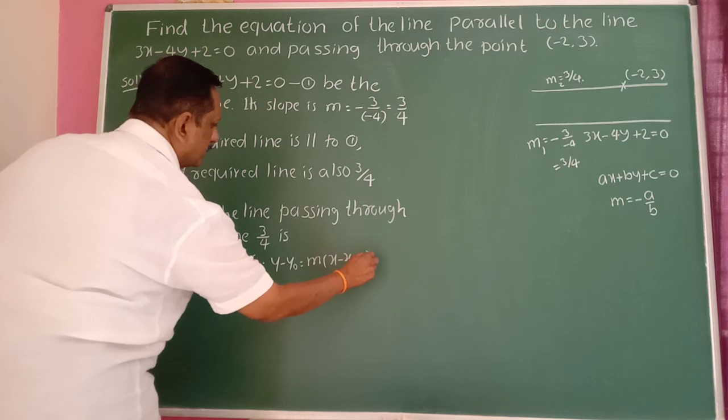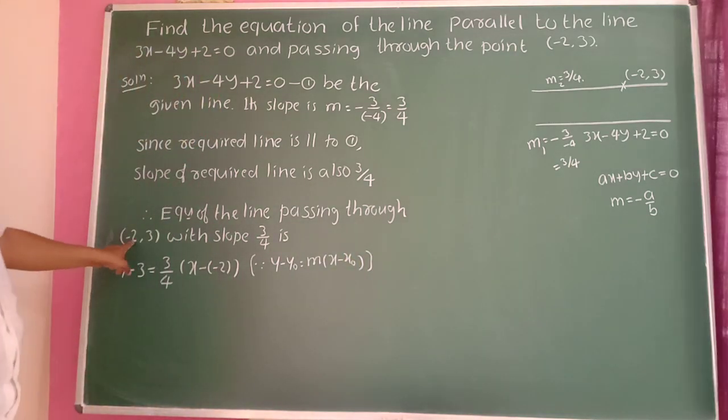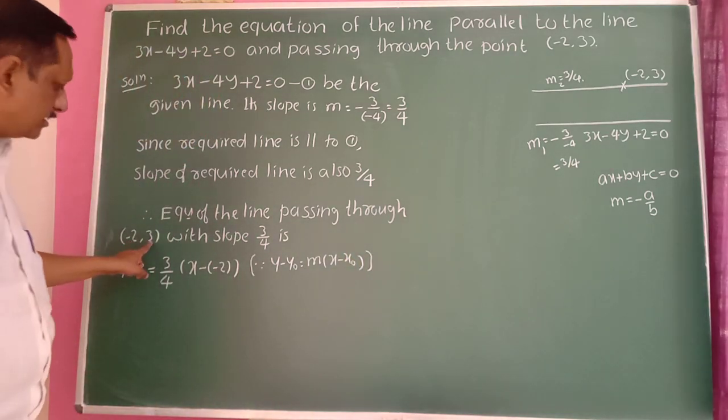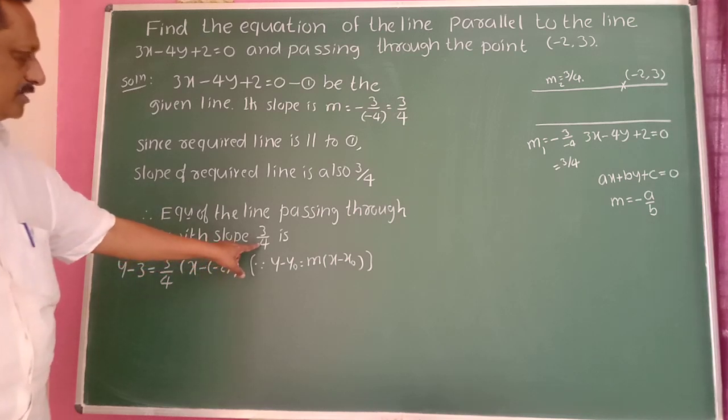Use this formula: x naught is minus 2, y naught is 3 and m is 3 by 4.